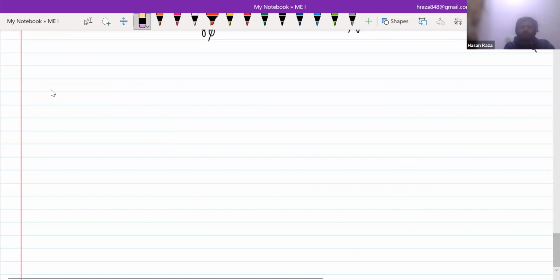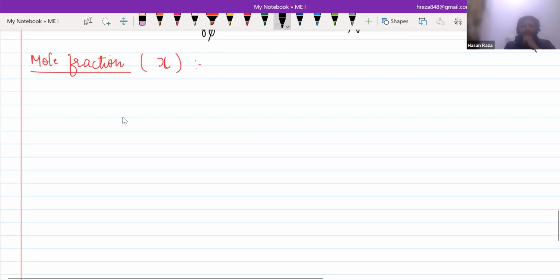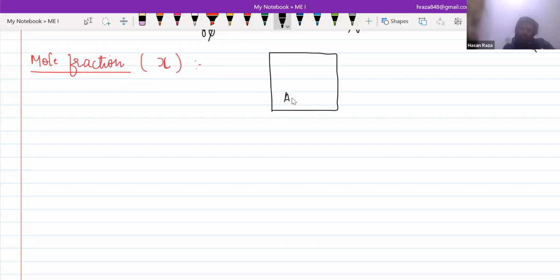Now moving to the next concentration term, that is mole fraction, and it is denoted by this X type term that is known as chi. Now see, what is this mole fraction? In a container, if you have two components present, A and B, A has a number of moles Na and B has a number of moles Nb.